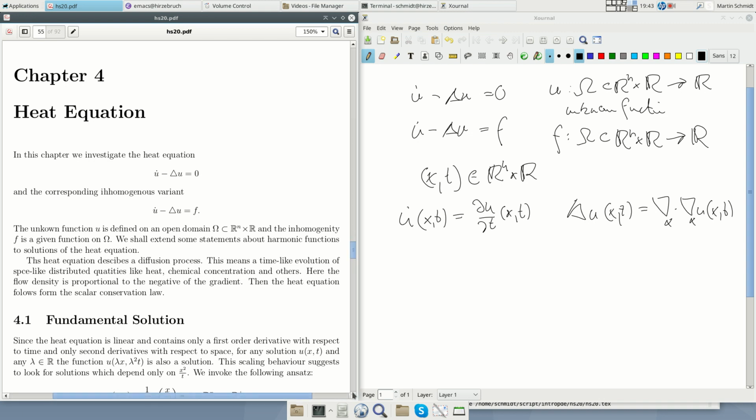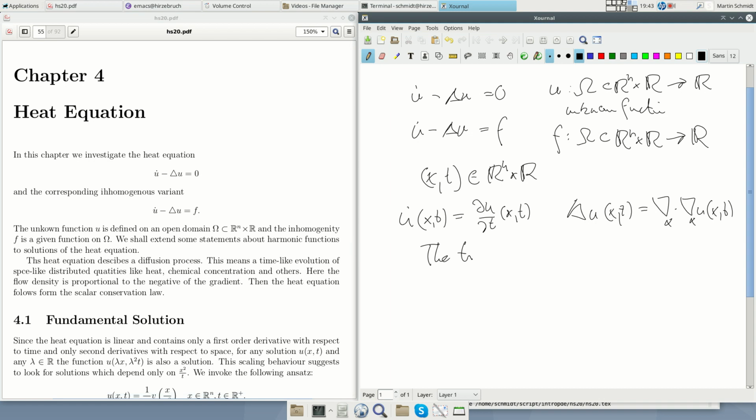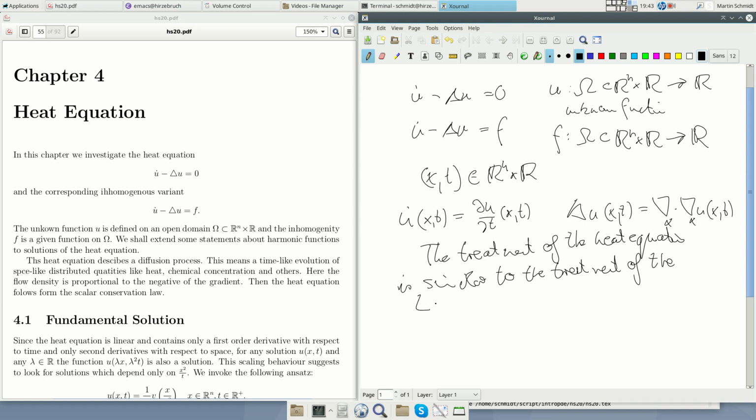Now the treatment of the heat equation is similar to the treatment of the Laplace equation.